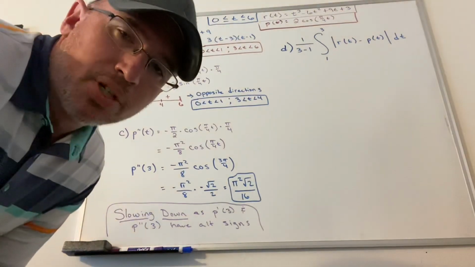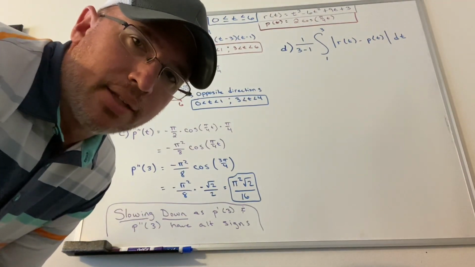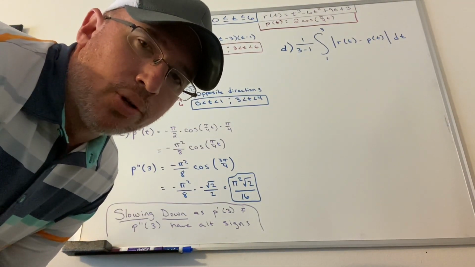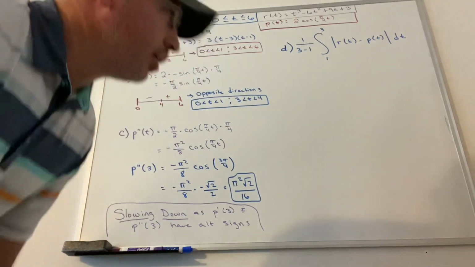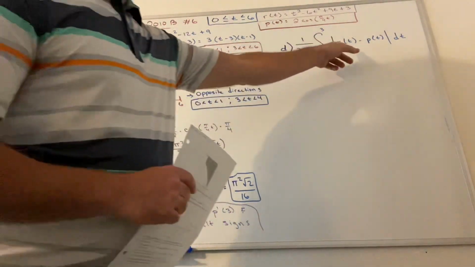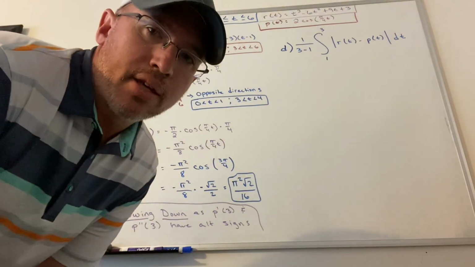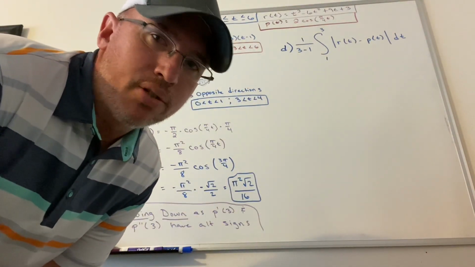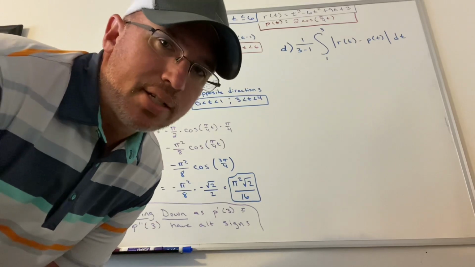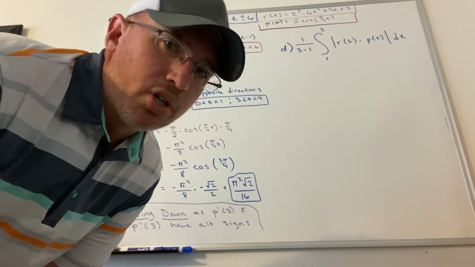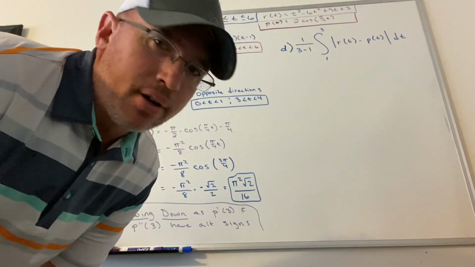The distance between the two particles, well, that's like the distance between their outputs. So the distance between them is r of t minus p of t. Now, let's just say that that was negative at some points. You don't want that to be negative because distance is always positive. So by putting the absolute value bars on there, you're good.